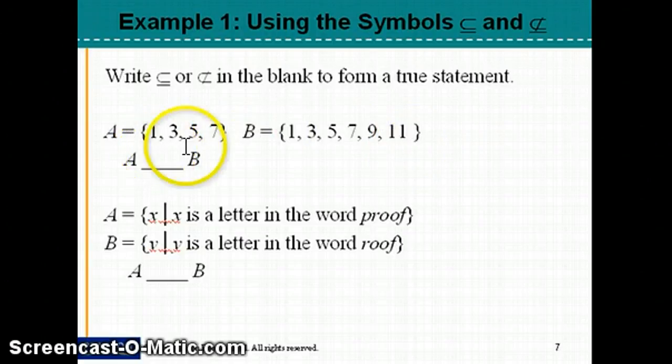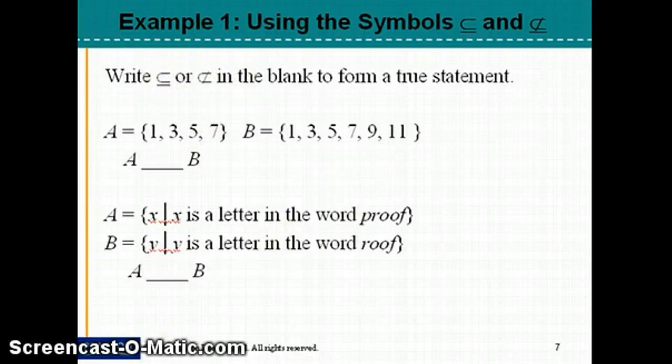Well, 1, 1, 3, 3, 5, 5, 7, 7. A is a subset. Okay, now, is A a proper subset? A is also a proper subset, and so we cannot write the second item right here, not a subset.